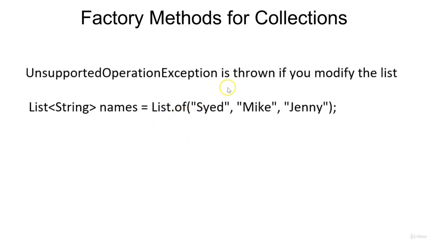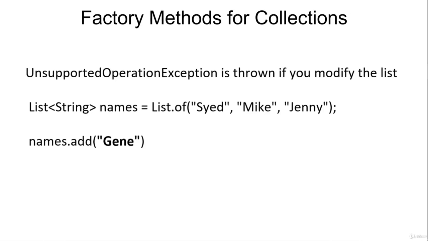Unsupported operation exception is thrown if you modify the list. For example, I have a list of names Syed, Mike, Jenny, and if I want to add another name, it will throw unsupported operation exception. The exceptions which are thrown are very clear about where the error is. For example, if you have a duplicate element, it will tell you that you have duplicate elements, and that's why the exception is thrown.